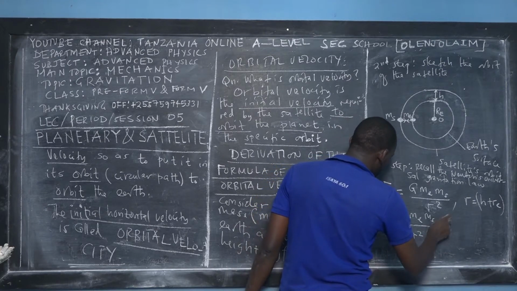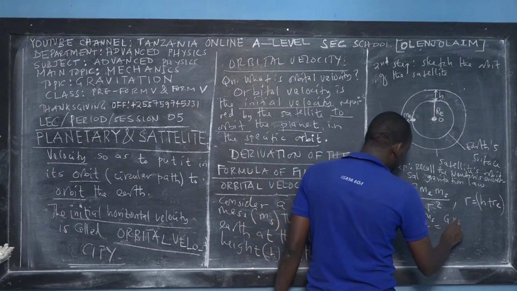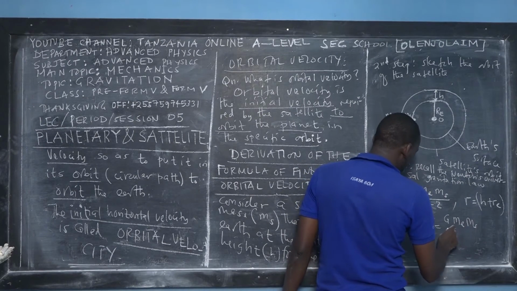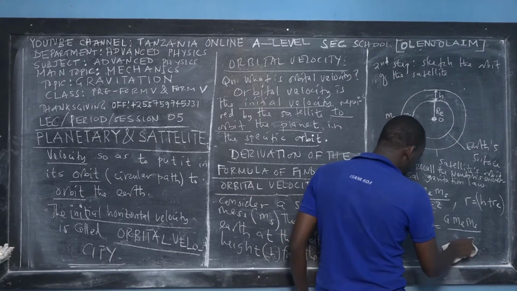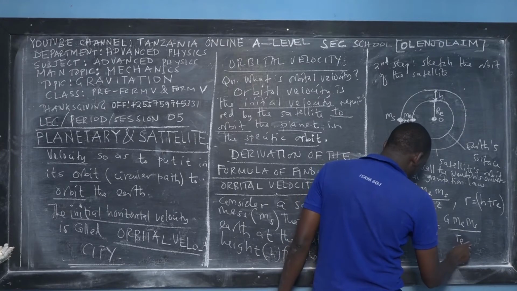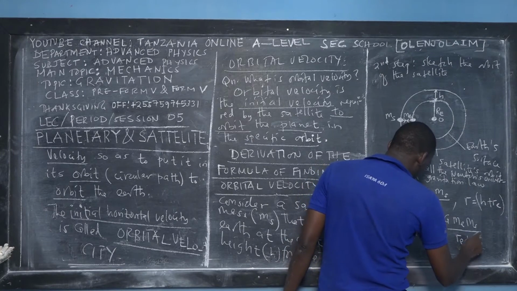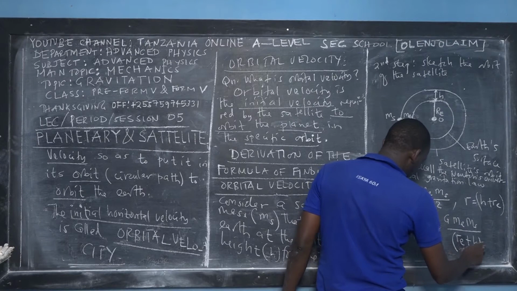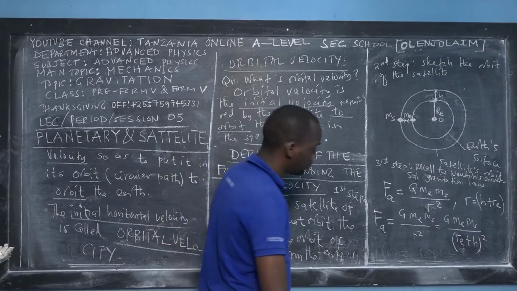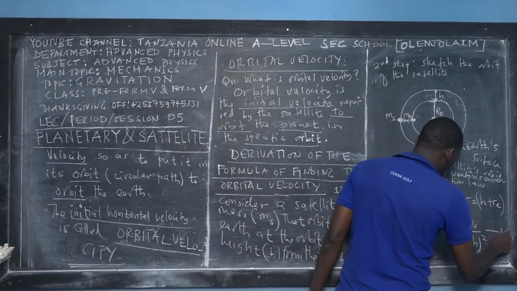This is G times mass of Earth times mass of satellite over (RE plus h) squared. So this is the first equation.